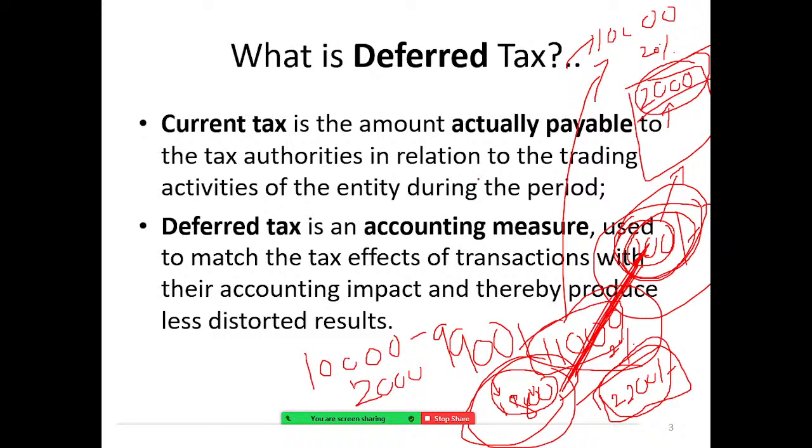Here, as we discussed in the last class, there are two types of taxes: current tax and deferred tax.